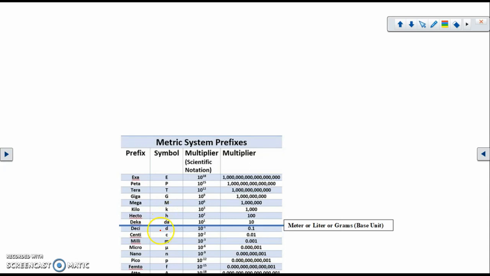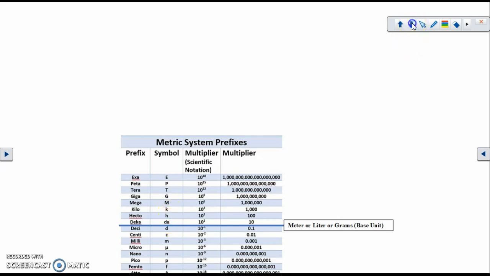So a 5-fold difference is just 1 followed by that many zeros. When you go down, you're multiplying by that fold difference. So if I'm going from kilo to deca, since I'm moving 2 spots, I'm multiplying by 100. If I'm going from deca to kilo, I'm also doing 2 steps, so it's going to be dividing by 100.